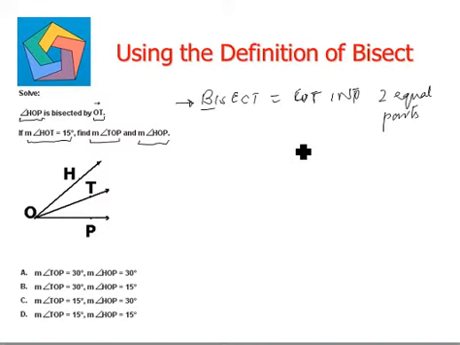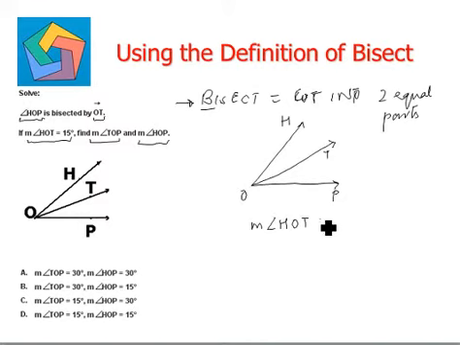So now let's draw the rough angle that is given to us. This is HOP and the ray OT is cutting angle HOP. Since OT is bisecting, that means measure of angle HOT is equal to measure of angle TOP.